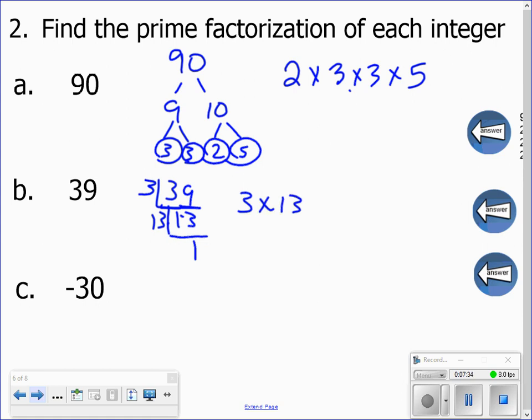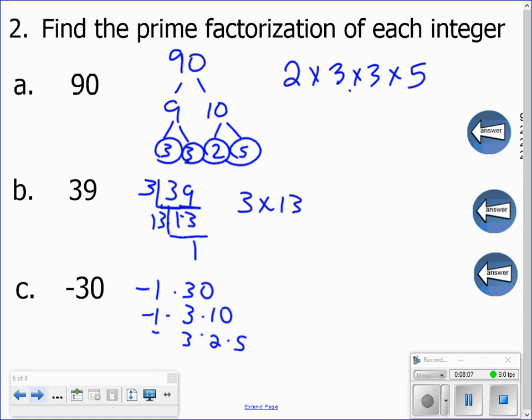Yet another method that we could use is just to line it out. So for negative 30, because it's a negative number, I'm going to add negative 1 to my list of prime factors, and then I'm going to factor 30. Well, 30 is not prime, but 30 can be broken up into 3 and 10. 10 is not prime, so 10 can be broken up into 2 and 5.